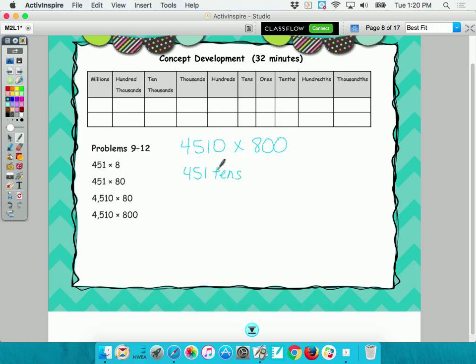The 0 tells us it's tens place. Times 8 hundreds. And we have to write it out. It's not decimal anymore, at least for now. Okay, got that much? Yes.